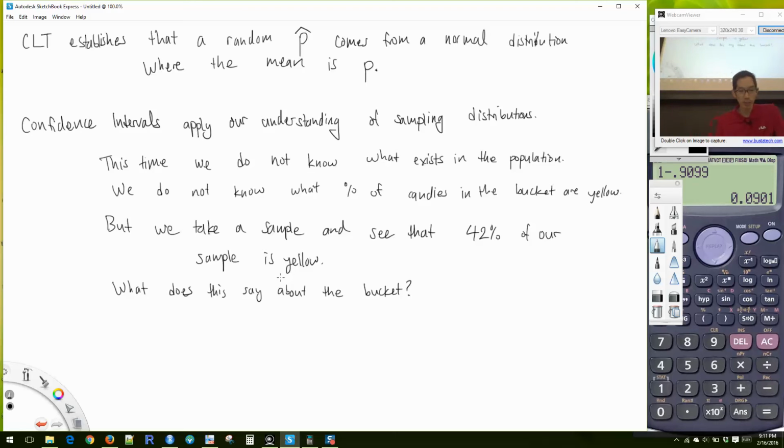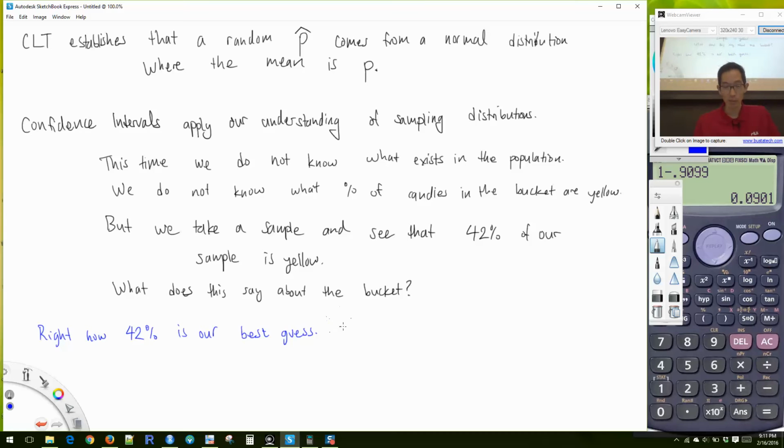So what does this say about the bucket? Right now, 42% is our best guess.